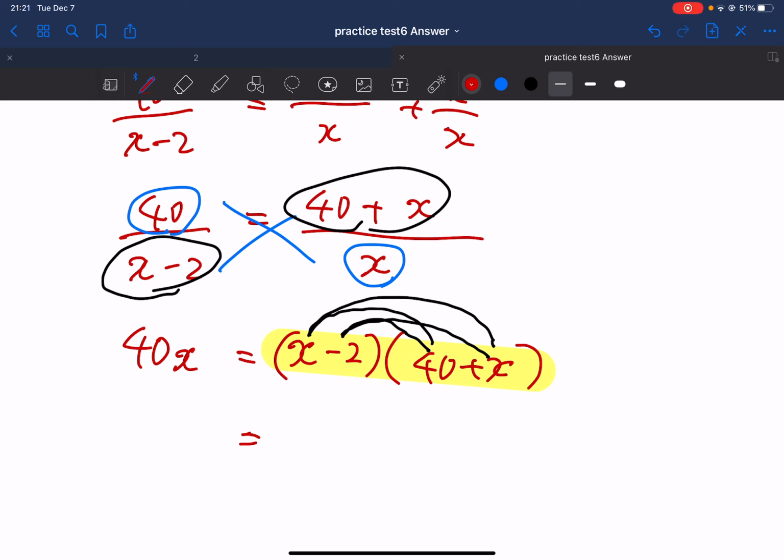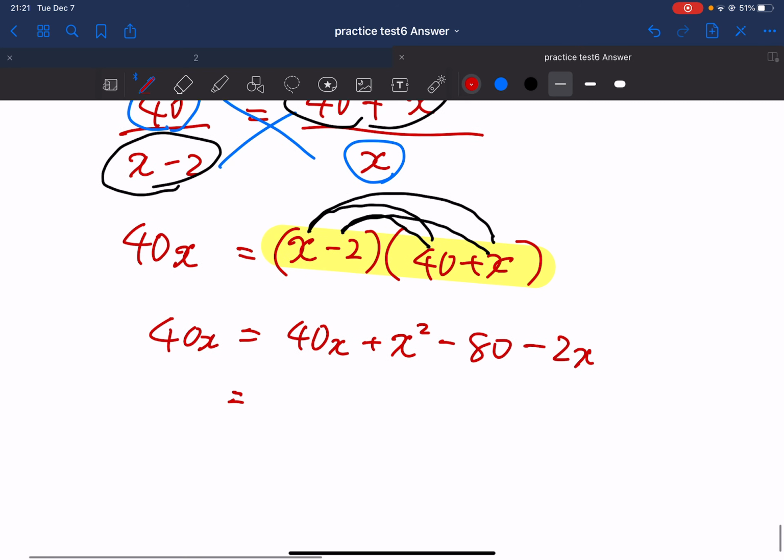So x times 40 is 40x. Next x times x is x squared, and then minus 2 times 40 is minus 80, and then minus 2 times x is minus 2x, and we have 40x. Then x squared, 40x minus 2x is positive 38x, and we have minus 80.